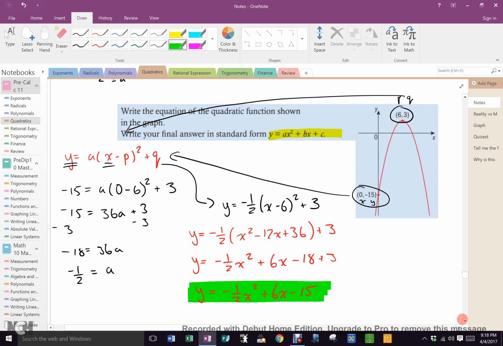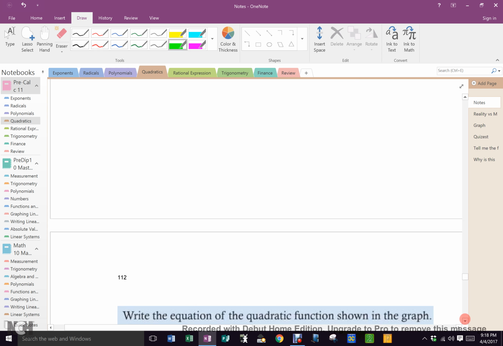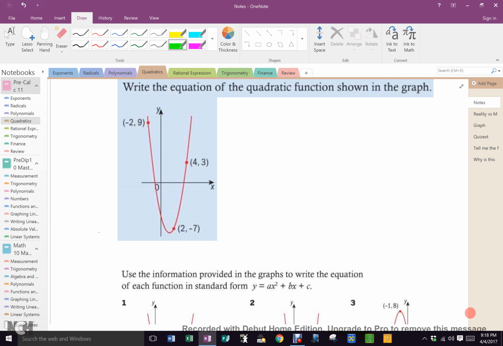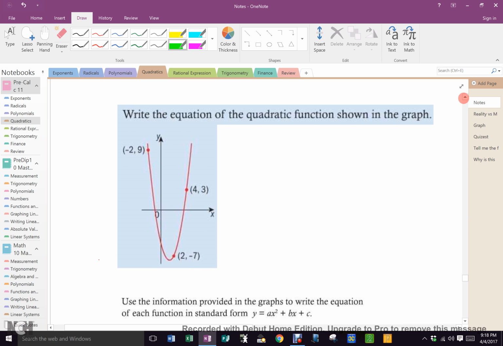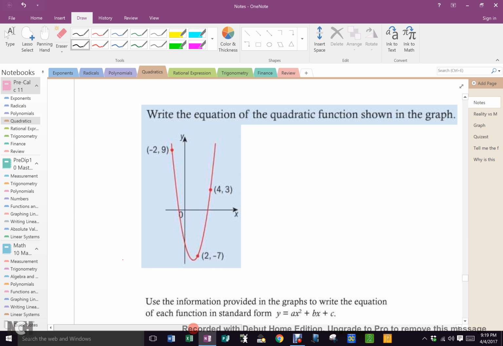Now, the one that was killing everybody, apparently. This one. I need to figure this out, but I have 3 points. Notice that none of those points are a vertex. So I'm going to slide over this way, and I'm going to do something a little crazy.